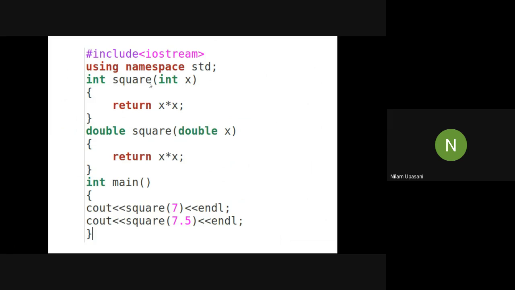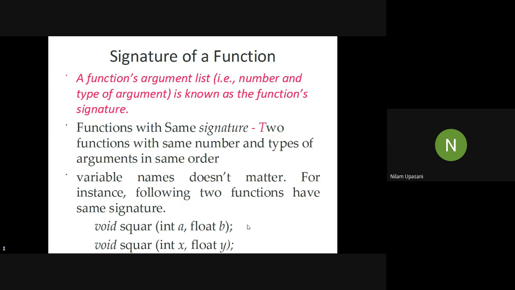One is for calculation of the square of an integer value, another is for calculation of the square of a double value. Now already we have discussed that the signature of a function is very important in function overloading.